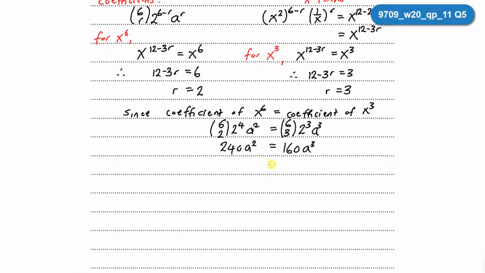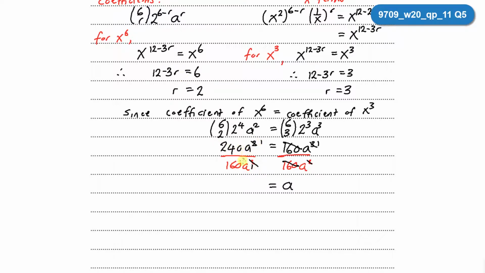So I can now solve for a. And how I'm going to do that is I will divide both sides by 160 a squared. So that means that here on the right side, the 160 and the 160 will cancel. And if we divide a squared into a cubed, we get a to the power of 1. And on the left side, I can divide a squared into a squared, and we get 1.